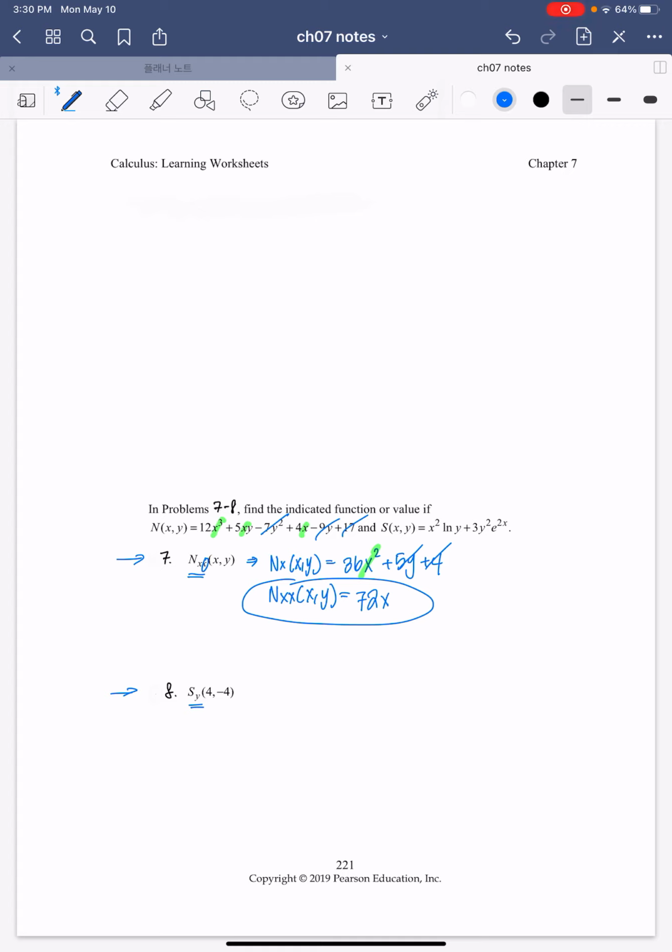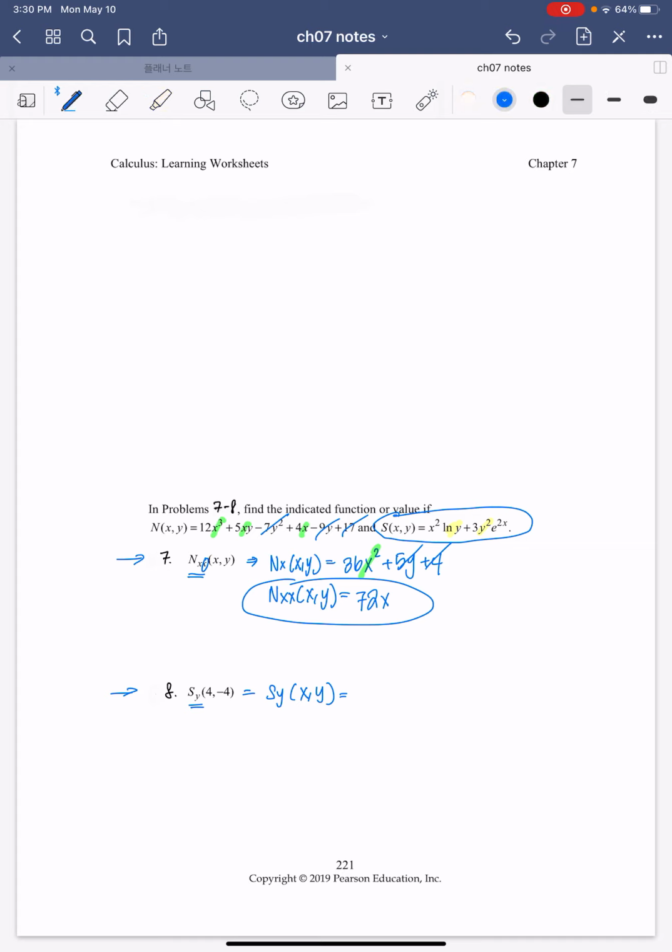Number 8 will be the first derivative with respect to y, and then we plug in the given values 4 and negative 4. So let's start with just taking the derivative with respect to x and with respect to y. So it will be this one that we are dealing with. And I'm going to highlight the y because y is the variable that we want to take the derivative of.